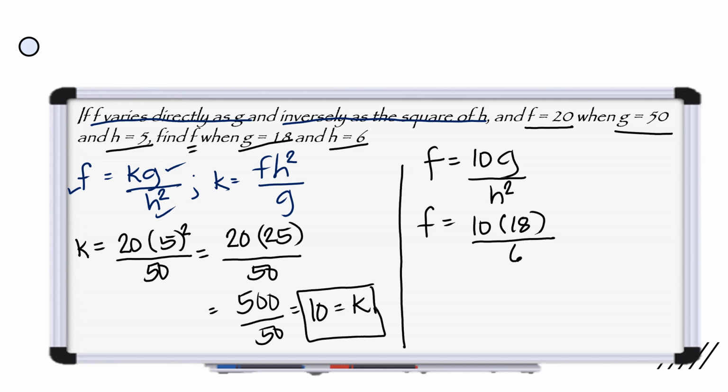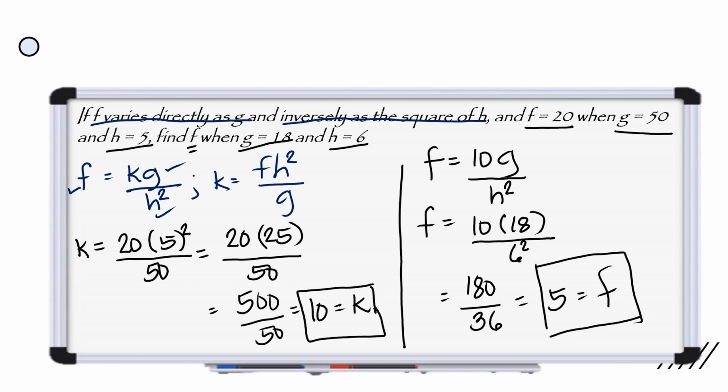So, 6 squared. So, let's simplify first. 10 times 18 is 180. Then, 6 times 6 is 36. Then, we have 180 divided by 36, and that is equal to 5. So, the value of our F is 5. So, I hope you understand this example. We proceed to our next.